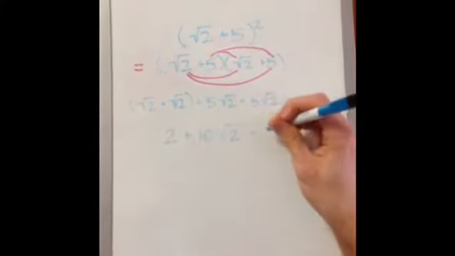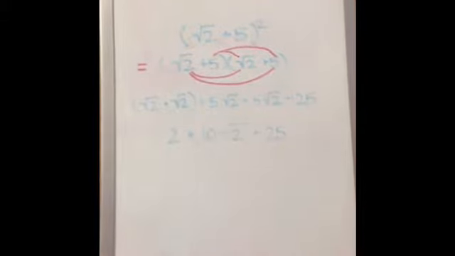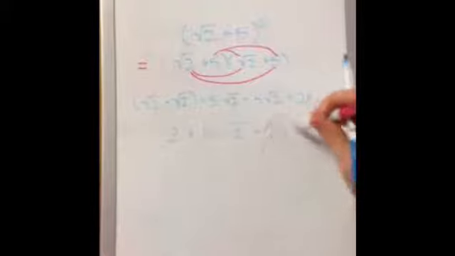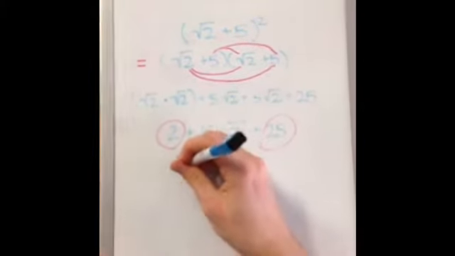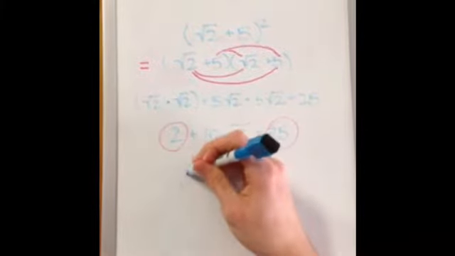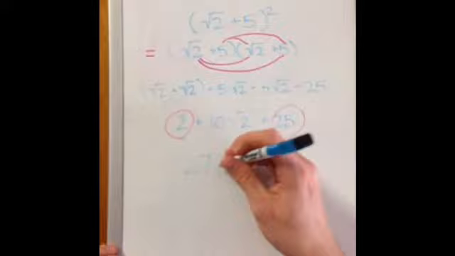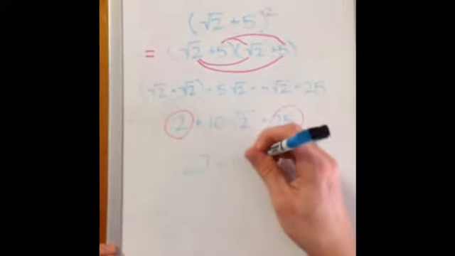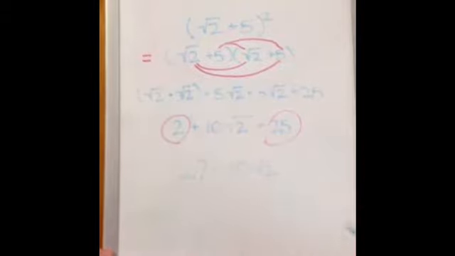And then 25 just stays 25. You can then combine 25 and 2 to get 27. And you just leave 10 times the square root of 2, with your final answer being 27 plus 10 times the square root of 2.